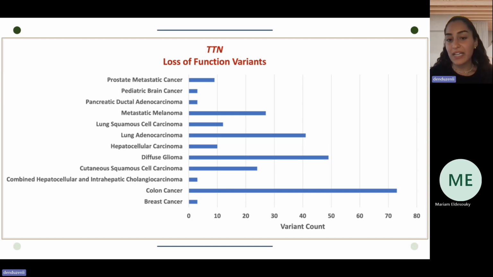So combining this with the results that we were seeing in the plots, as well as being at the top of the pan-cancer list, TTN is a very good candidate gene that we believe should be studied more to understand its role in cancer.